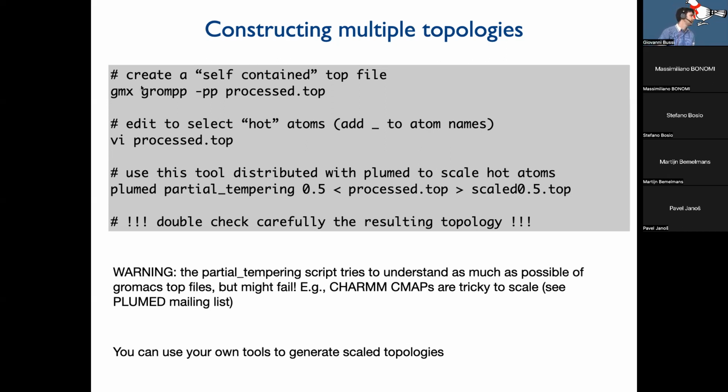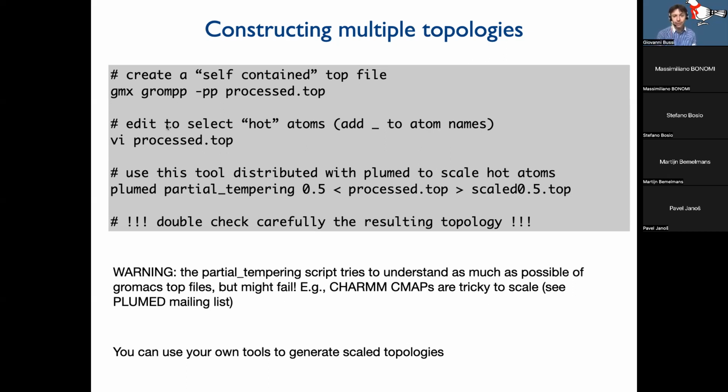First of all, you have to use this grompp -pp option to create a new GROMACS top file that, at variance with the original topology file, doesn't have any include statement. Usually topology files include the force field tables. Here, everything is self-contained. It's a single big file. Then you edit this file with a text editor.